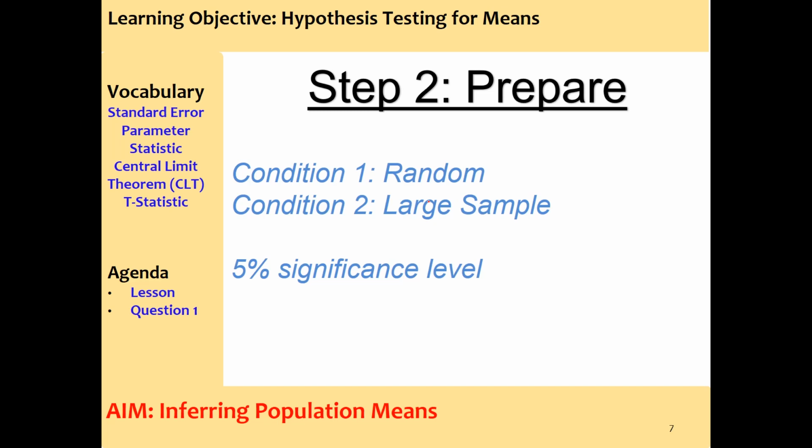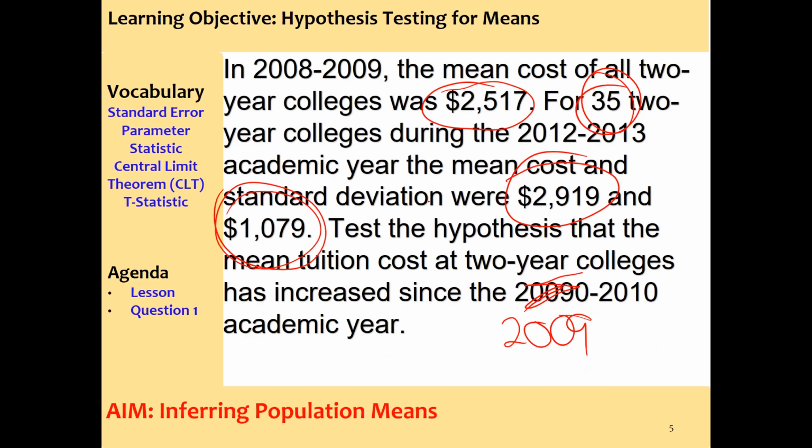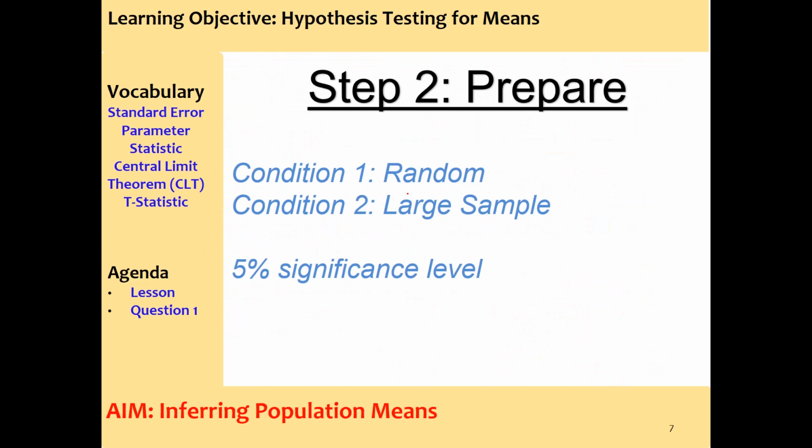Now we're in step two, prepare. Condition one, it's random. It even said so right here. I guess I just forgot to write it down. Condition two, large sample. Remember that the magic number is 25. If the sample size is bigger than 25, condition two is met.